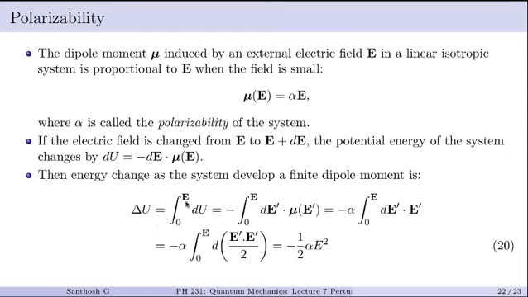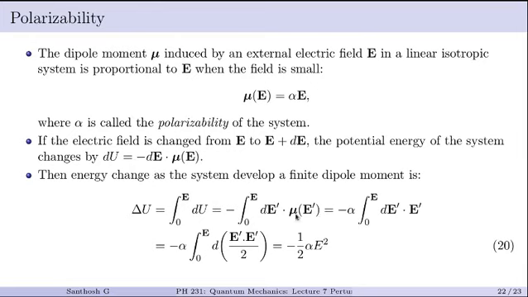This is equal to integral of du with E going from 0 to E. So you substitute the expression for du here, which we have over here. The expression for du is given over here. You substitute that over here.